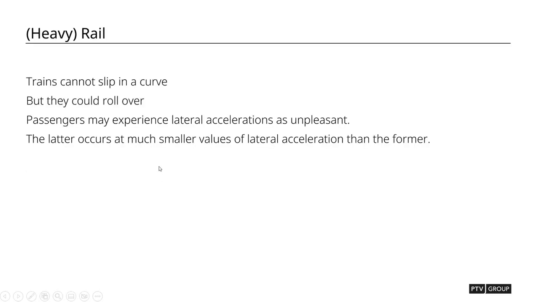Now for rail, rail is a different thing, of course. They cannot slip, they just can roll over, but that's all irrelevant because what determines the design lateral acceleration for rail is that it's uncomfortable for passengers, and that's at much smaller values than when the train would roll over.